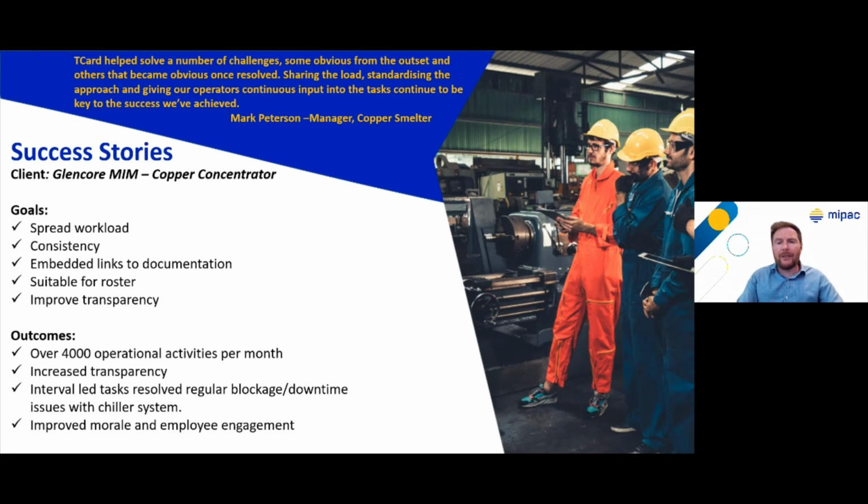They were also able to introduce specific interval-led tasks to address regular blockages and downtime problems with their chiller system, and effectively that removes a lot of the issues they were having. But one of the more interesting ones was the improved morale and employee engagement across the various crews.